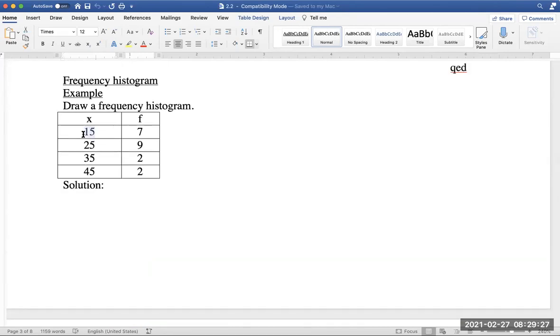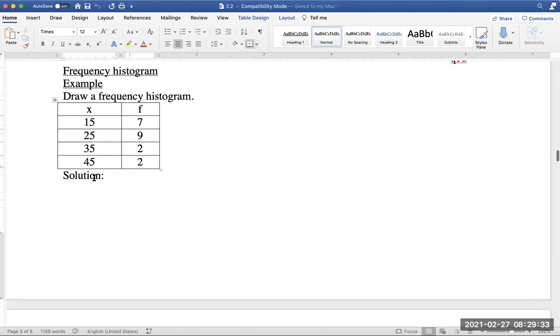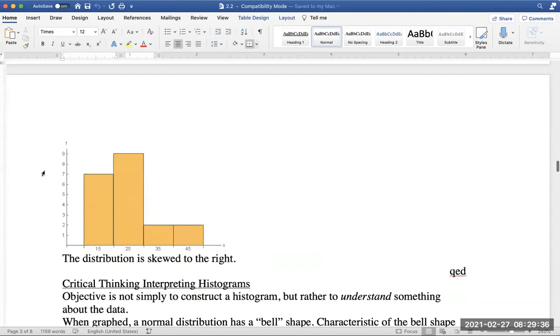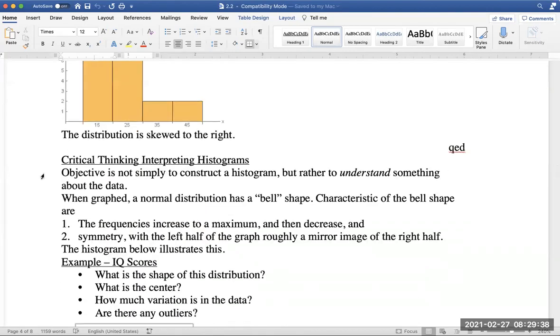So the objective is not simply to construct a histogram, but to understand something about the graph.